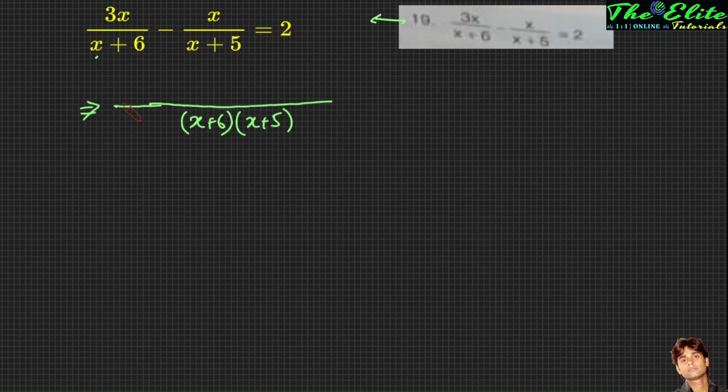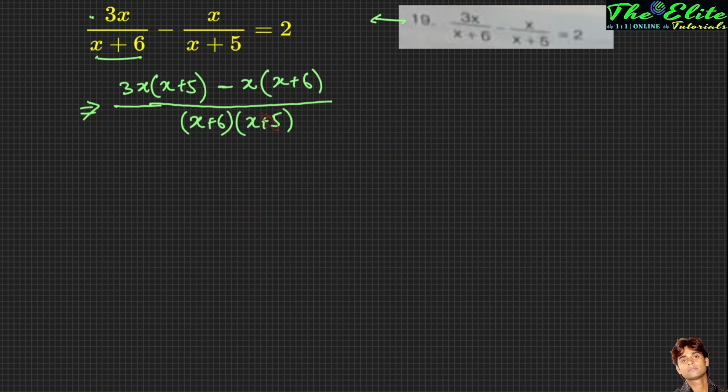What will we write on top? If we divide the whole by x plus 6, x plus 5 is left out, so x plus 5 needs to be multiplied by this numerator, the same as in the example. The sign is minus, so we write minus. The numerator is x, we write x. And when we divide the whole by x plus 5, x plus 6 will be left, so that needs to be written here.